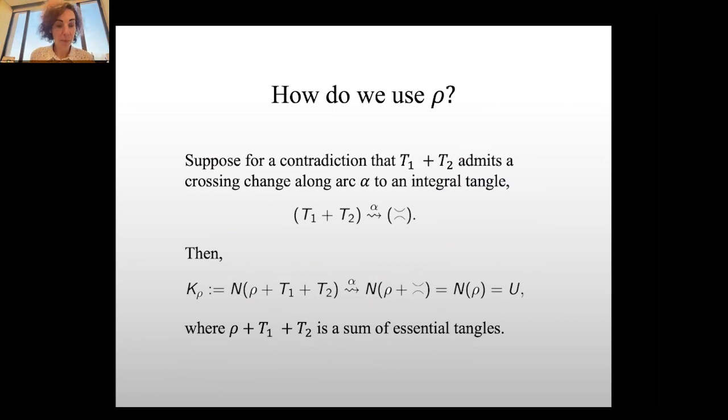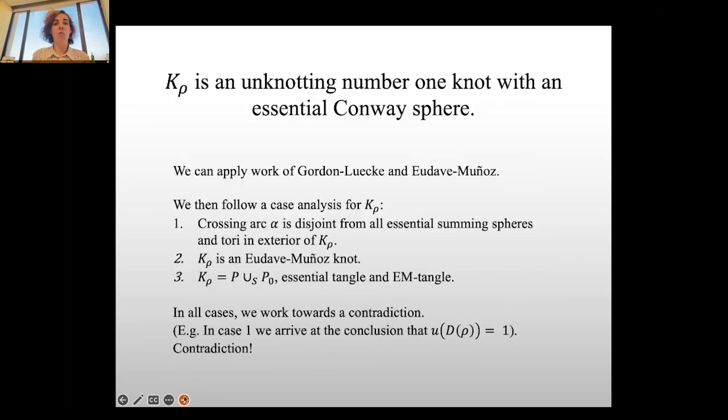Okay. And now what we're left with is this knot K_rho, which is an unknotting number 1 knot with an essential Conway sphere. So these are knots that have been studied before. In particular, we can apply work of Gordon-Luecke and of Eudave-Muñoz. By applying Gordon and Luecke's work, we have a kind of case analysis for how we can approach K_rho, and what they proved is there's basically 3 cases.